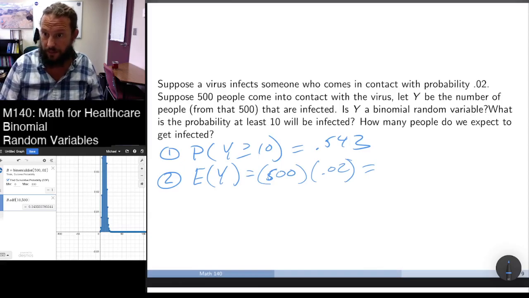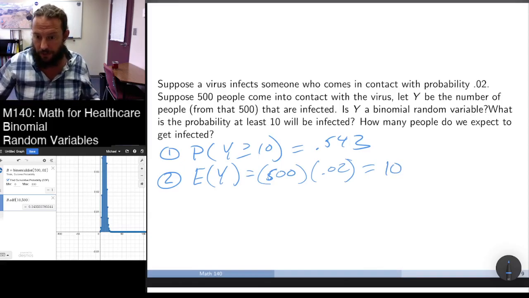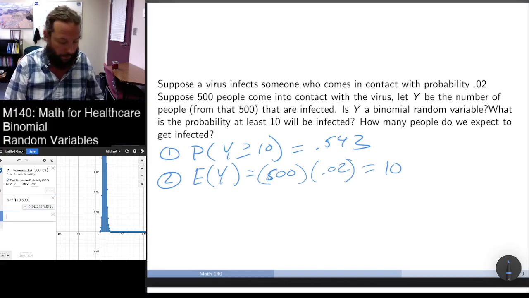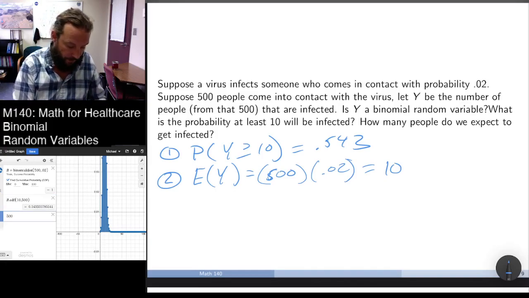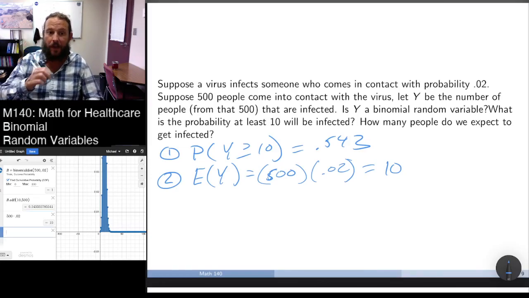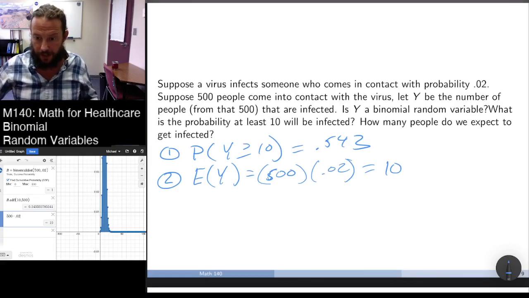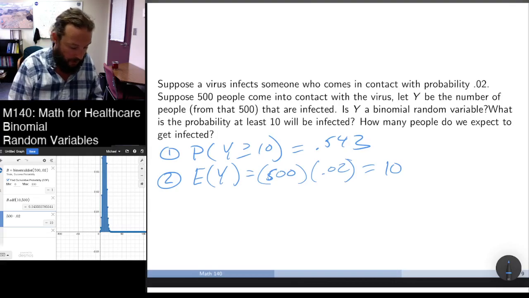And I think that comes out to be 10 on the nose. Let me double check that. So 10. Okay. Good. And let's just put that in there so we could take a look at it.